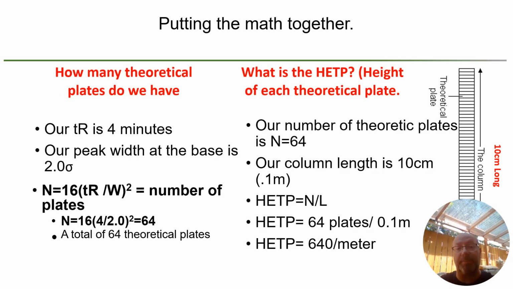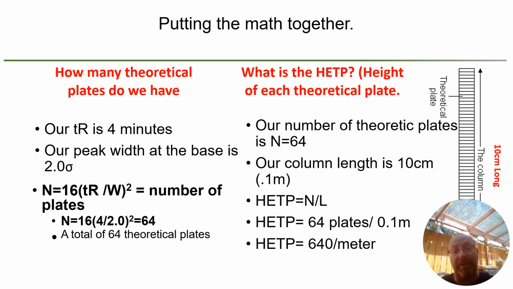Now, this is where we put the math together. Our retention time is 4 minutes. This is just an example. Our peak width at the base is 2 standard deviations. So, using this formula, we simply plug in our retention time and our peak width.